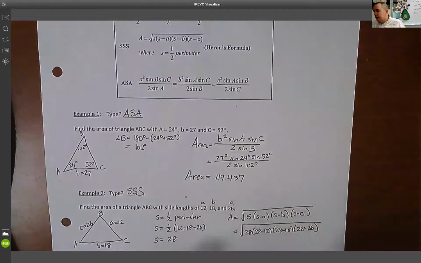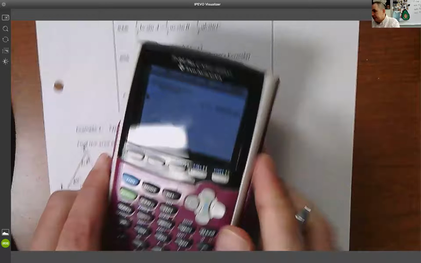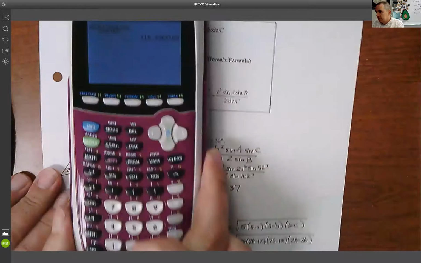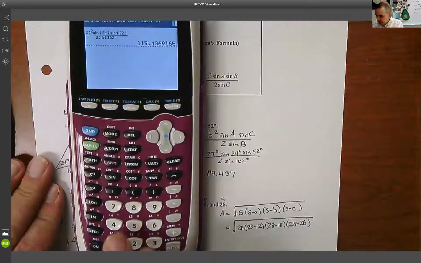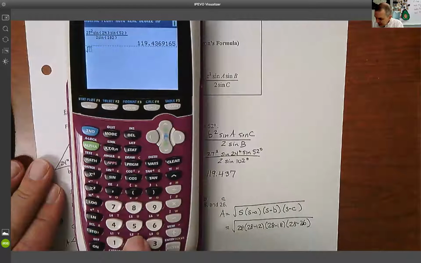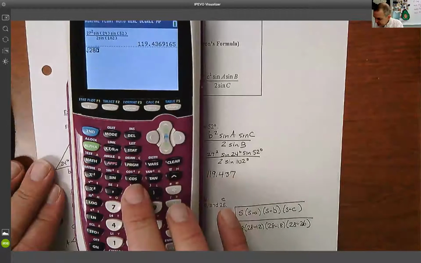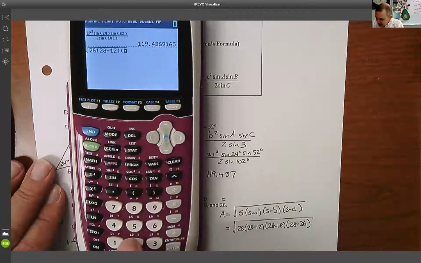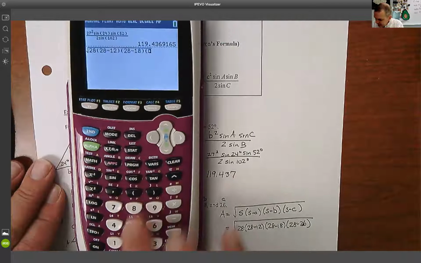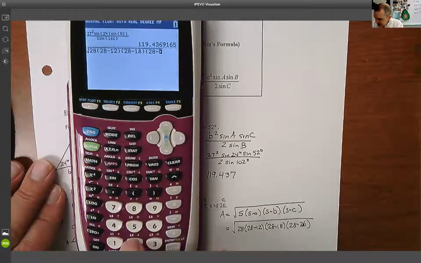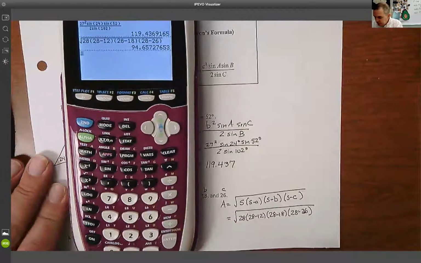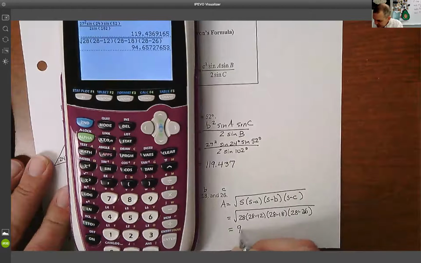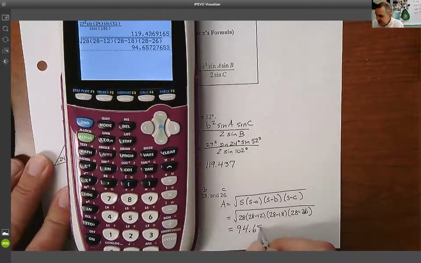Again, right to the calculator: the square root of 28, parentheses, 28 minus 12, 28 minus 18, and 28 minus 26. We hit enter, and that gives us 94.657. So the area of this triangle is 94.657.